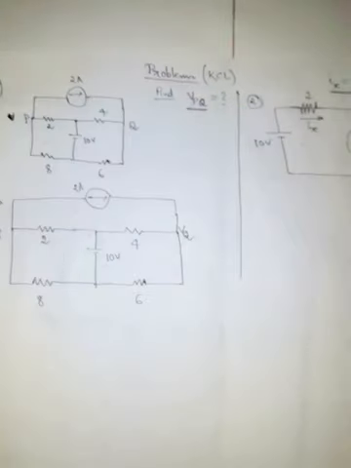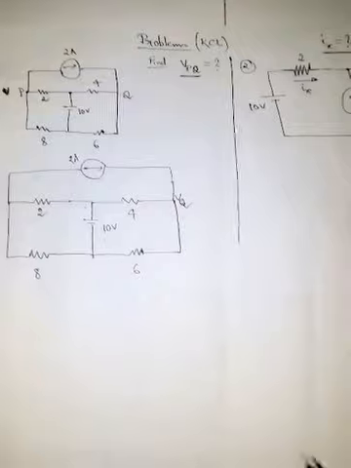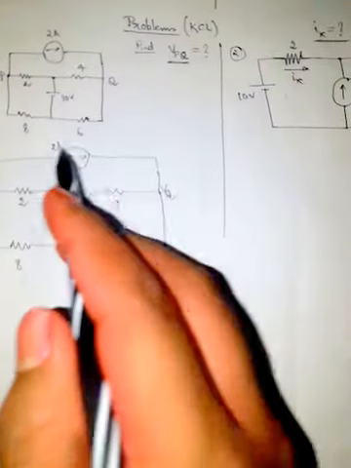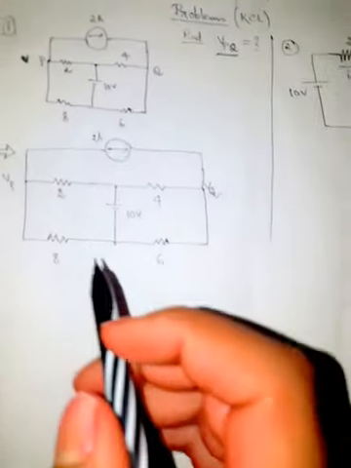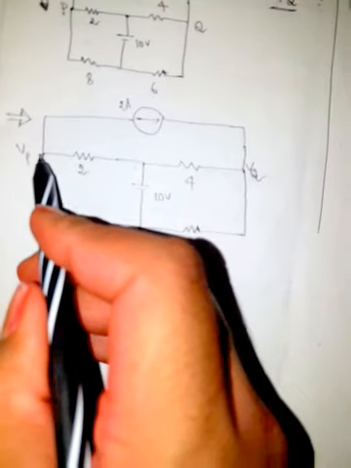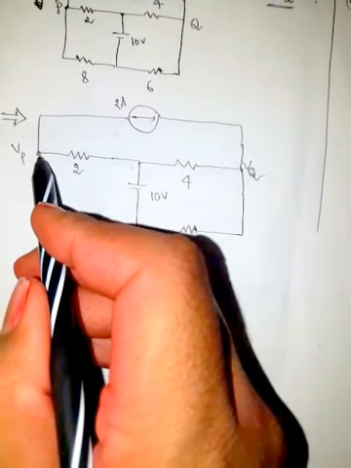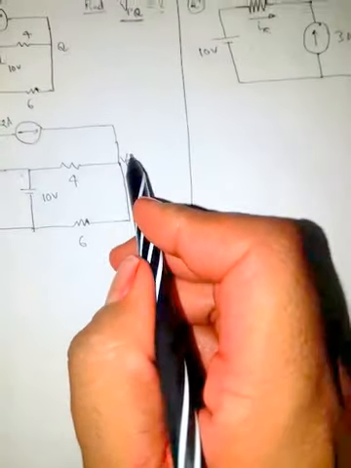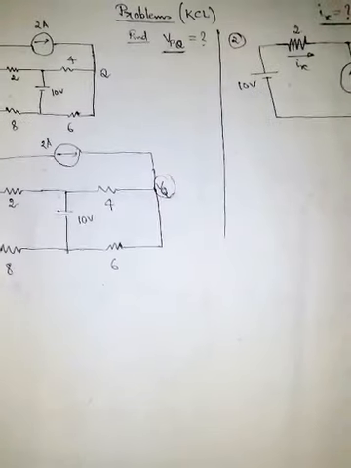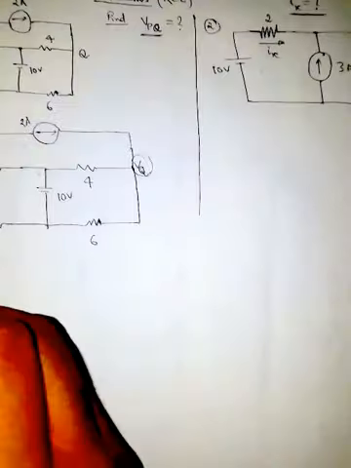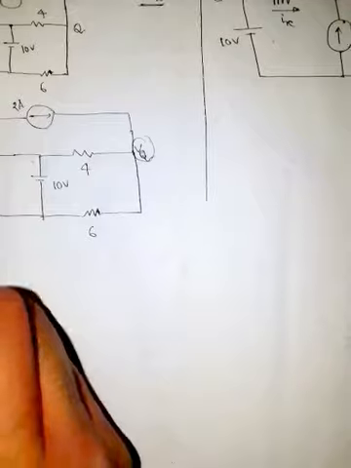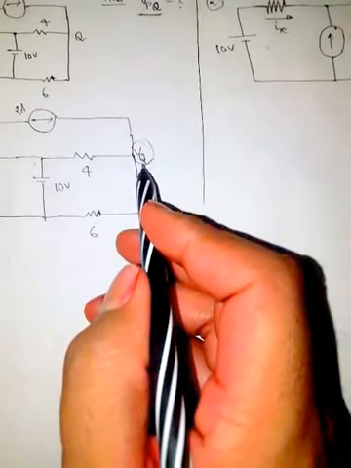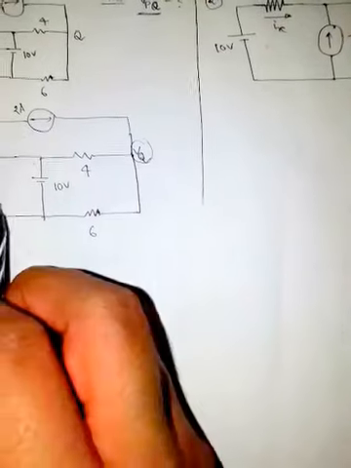So first of all, I have redrawn the circuit here and mentioned the voltage at node P as VP, and at node Q as VQ. Now we will first find VP, then VQ, and finally VPQ as VP minus VQ.